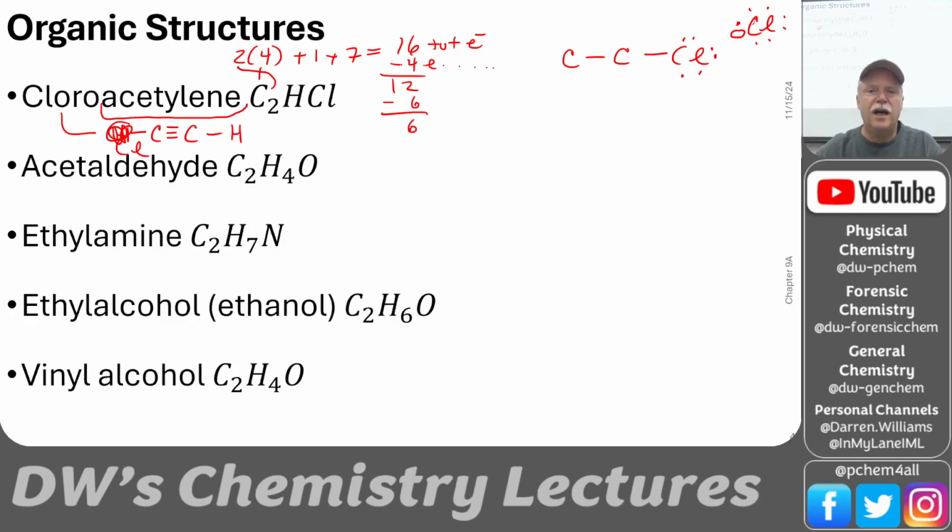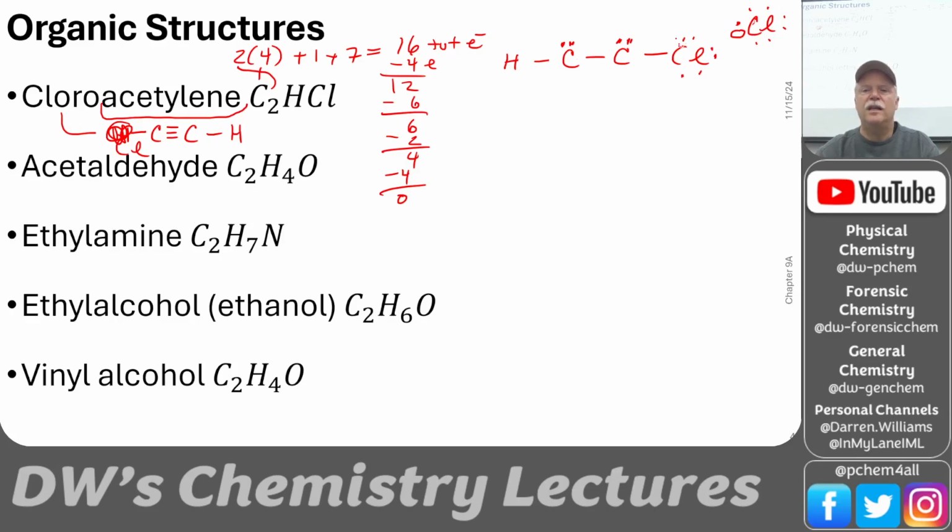And I've also got this hydrogen I need to stick on there. So I'm just going to stick the hydrogen on the end here. That uses up another 2. So I've got 4 left, and so I can put them on the carbons. There's no reason to pick one and give it all 4. I'll put 2 on this one and 2 on that one. So I've used up all my valence electrons.